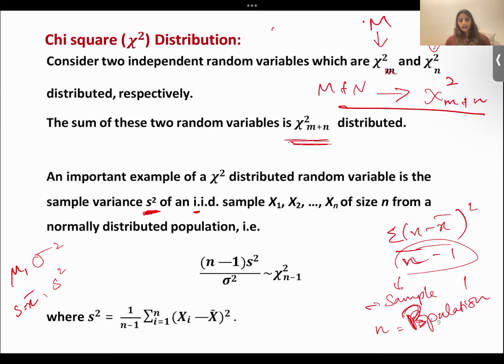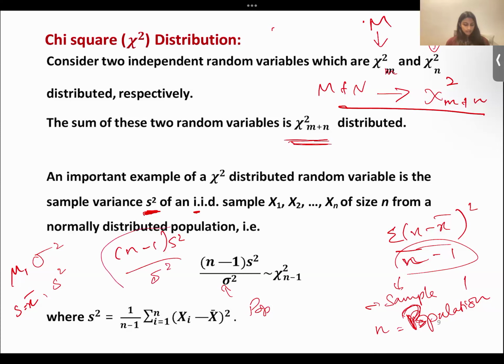Let's say in a numerical problem you are given the population variance, but you have to compute the sample variance. I just have to compute the distribution for 20 people. That is when you apply this formula: n minus 1 times s square by sigma square.